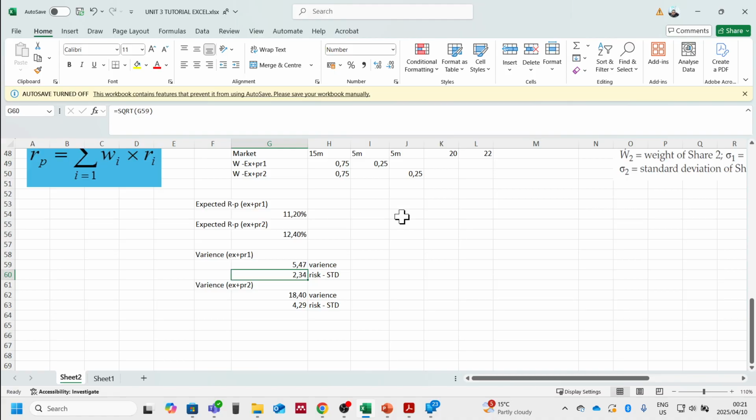And then you can use that as an anticipated return for that particular asset. So those are the things that you're going to be assessed on.